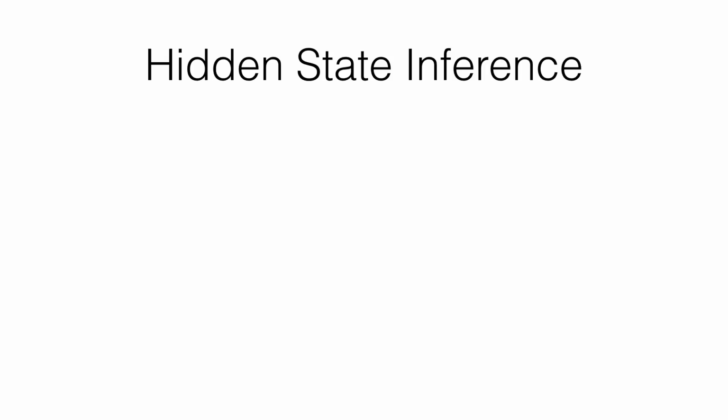So one common task with hidden Markov models is to infer the hidden state probabilities. In this task, you are given all of the y's, so you observe all of the y's. They're available for us to look up, and our goal is to predict the x's.